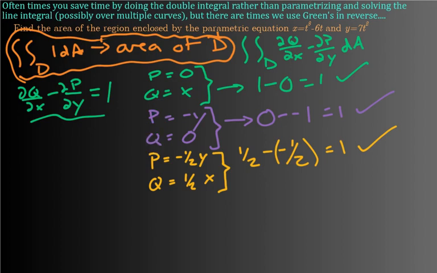You can basically do the area as a line integral around C of either x, let's color code this a little bit. So you could do the line integral on C of x dy. That would come from this one, right? So p is 0, q is x.